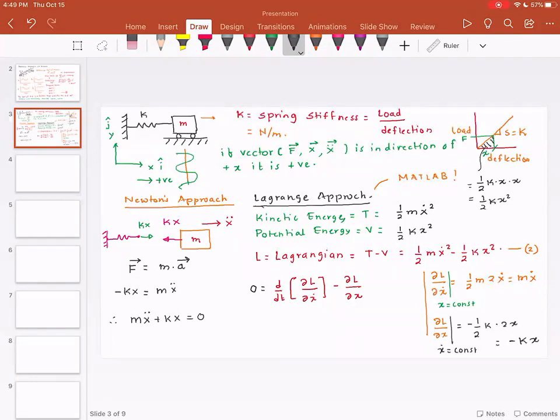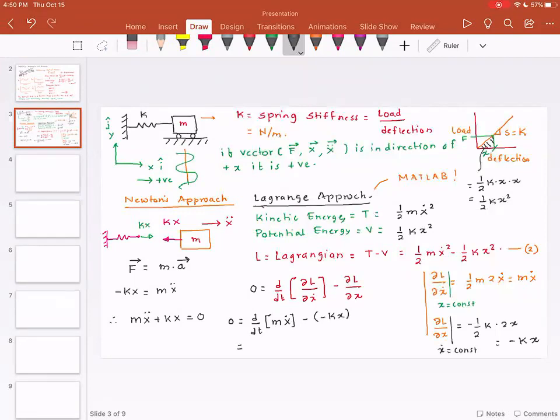Now what I need to do is substitute these two values in this equation. d by dt of partial L by partial x dot is m x dot, minus partial L by partial x, which is minus k times x.